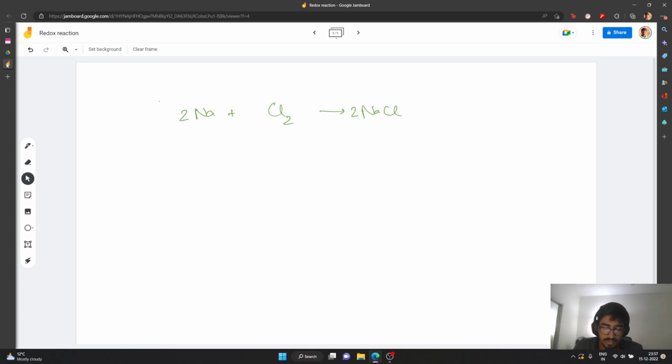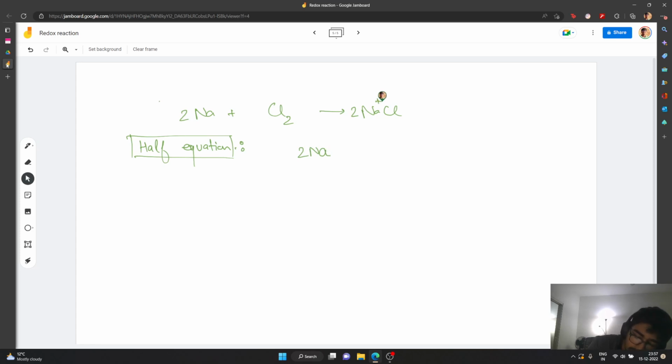Now if you look at this reaction, we can write something called a half equation. When we are looking at a half equation, I can say that each Na atom became Na+, and each molecule of chlorine broke down to form 2Cl minus right here.